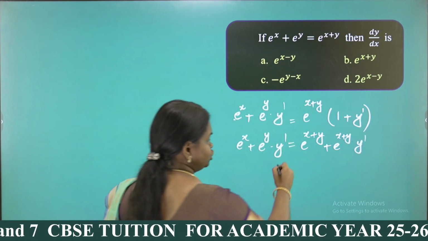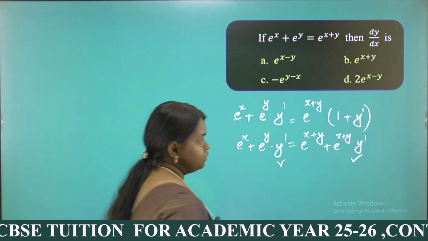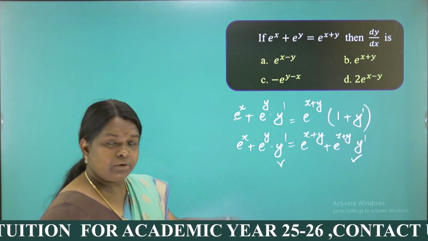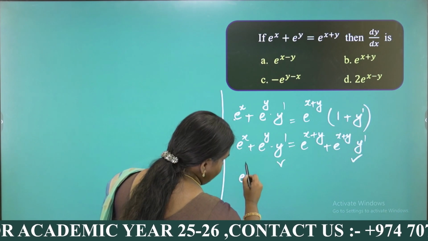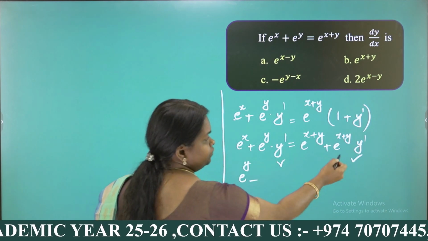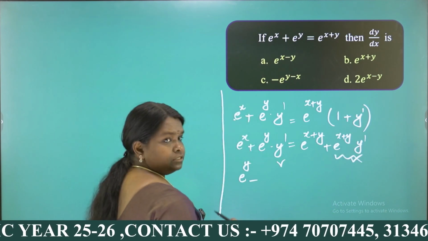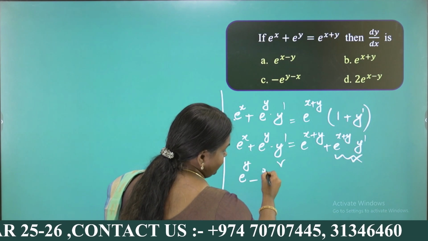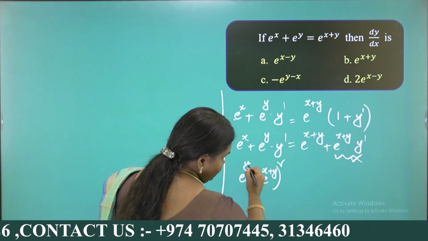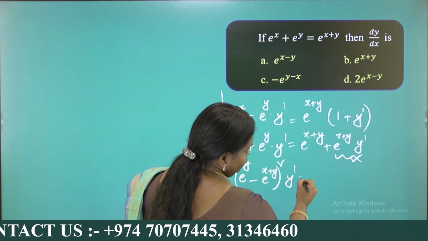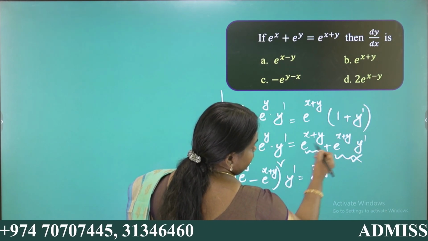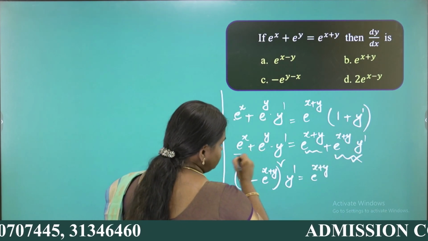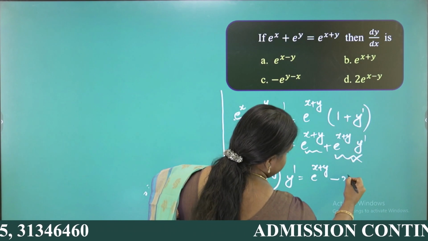Take the y dash term outside, so that I will get what? E raised to y minus this one, which comes to the LHS as negative, e raised to x plus y, into y dash equals the other two terms, e raised to x plus y. Keep it on the RHS itself. This is to be brought to the RHS.